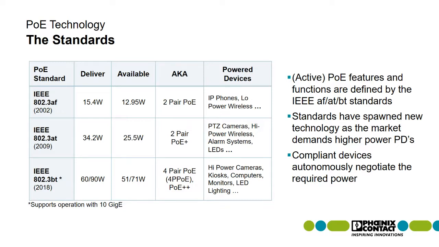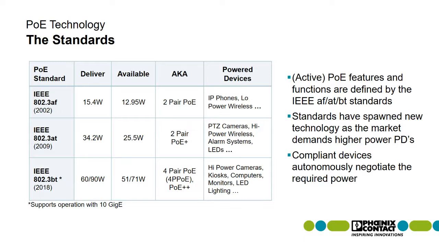This is where we saw things like a step up from simple fixed cameras to pan, tilt, and zoom, higher definition cameras, high power wireless systems, alarm systems, and LED lighting systems. There were a lot more devices for PoE Plus.